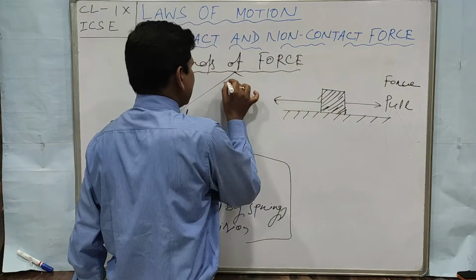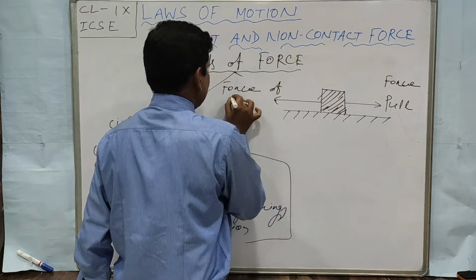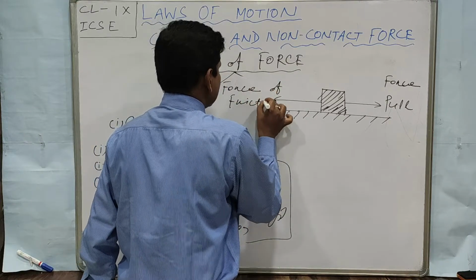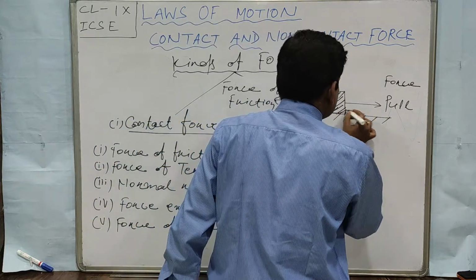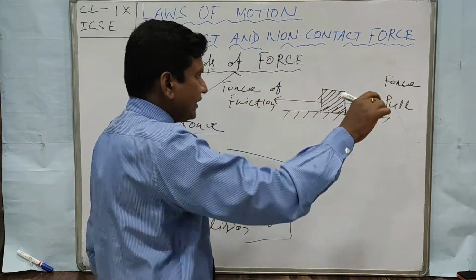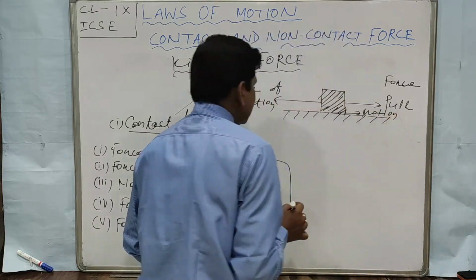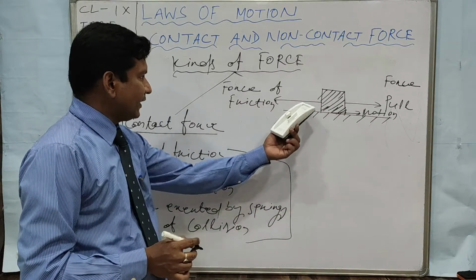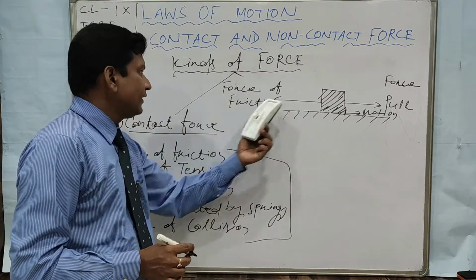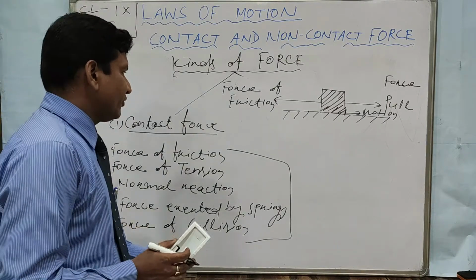Therefore the force of friction will come along this direction. See, this is the motion of the body. The body is moving along this direction because we are pulling. But a force of friction always opposes the motion of the body, and therefore along this side the force of friction will be exerted. So this is all about your force of friction.